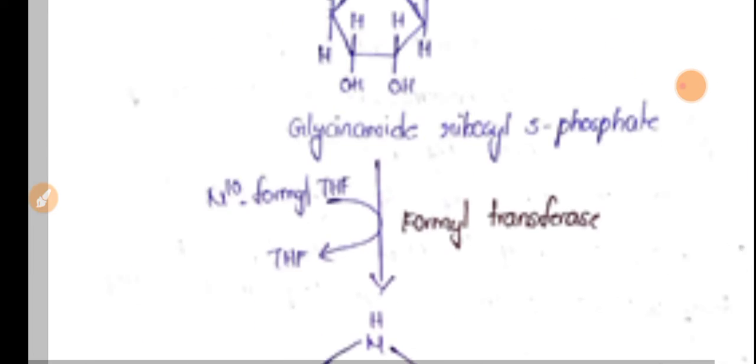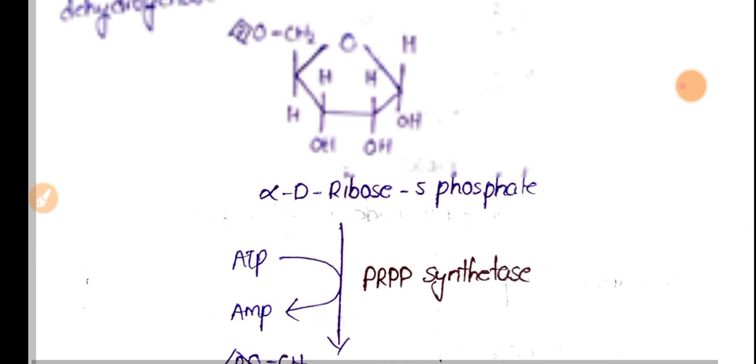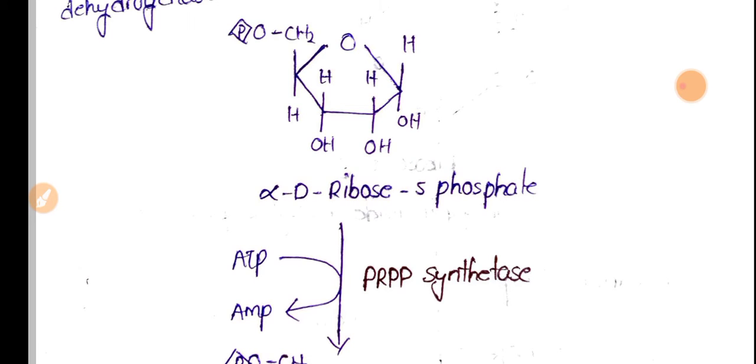this purine biosynthesis will start with a simple compound, alpha D ribose 5 phosphate, which we can simply call ribose 5 phosphate.